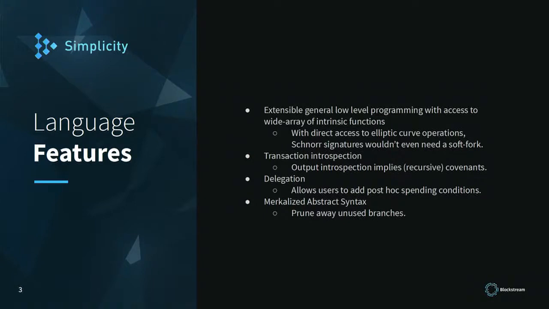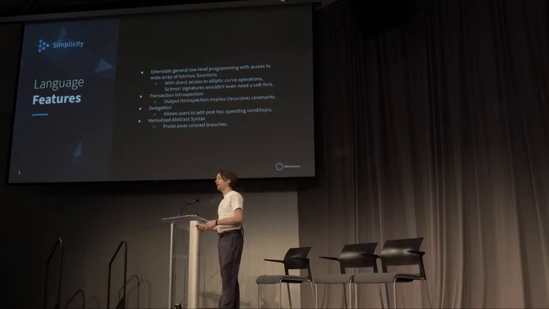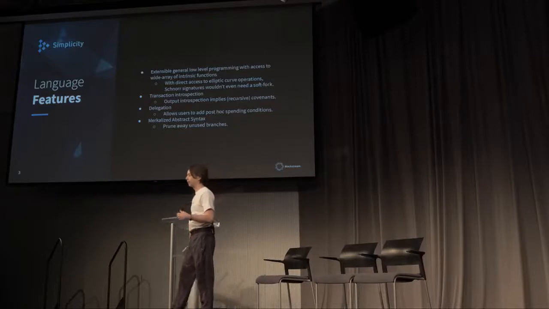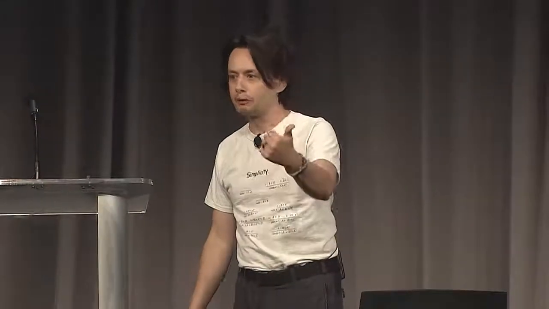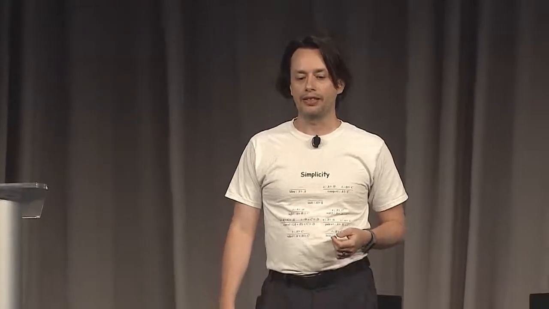Simplicity has features like transaction introspection, and in particular output introspection, which implies this covenant feature. Bitcoin script allows you to put conditions on who can spend it, whoever has access to the pubkey. With the recent, not so recent, soft forks, we have access to when it can be spent through the various time lock mechanisms, and the covenants tell you where it can be spent, basically.